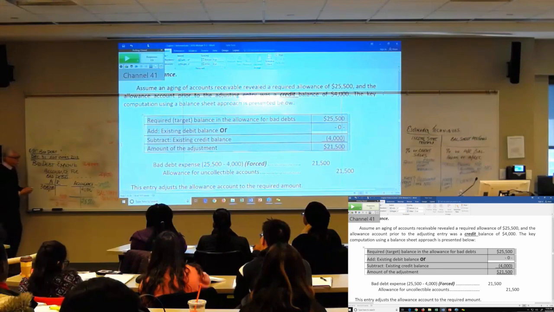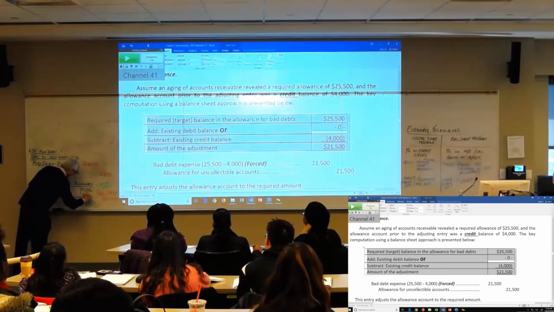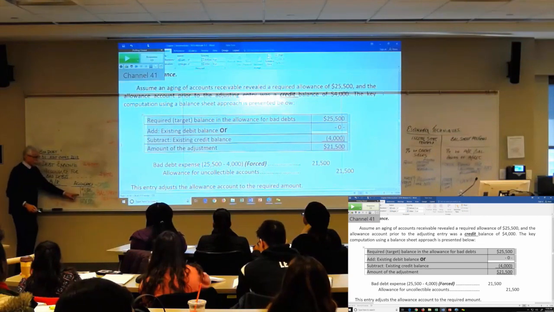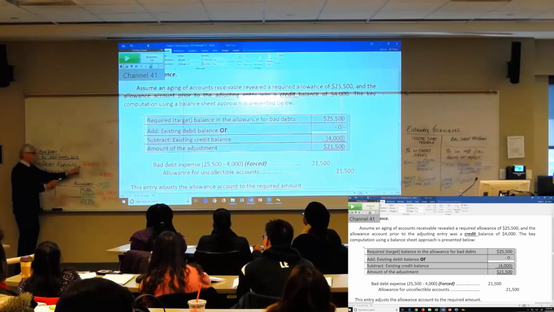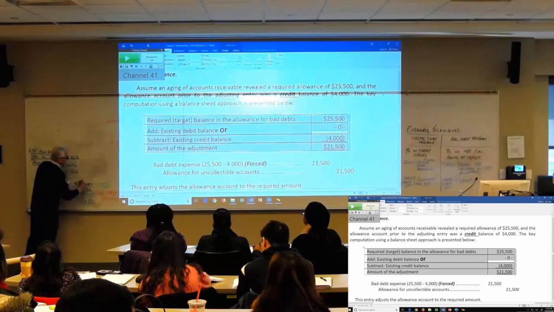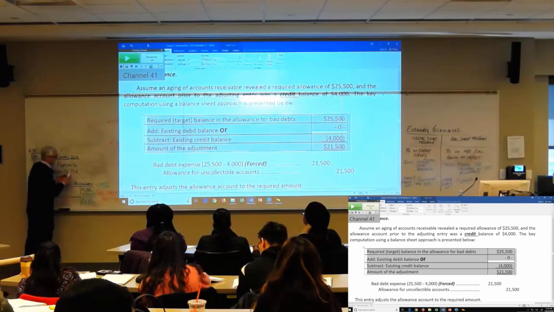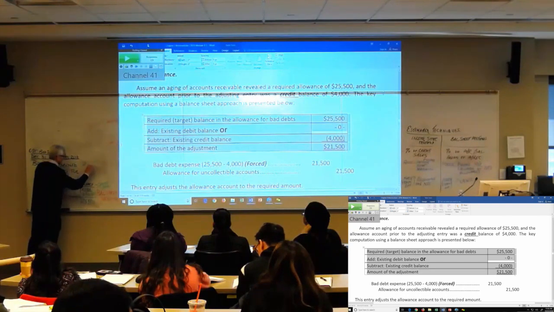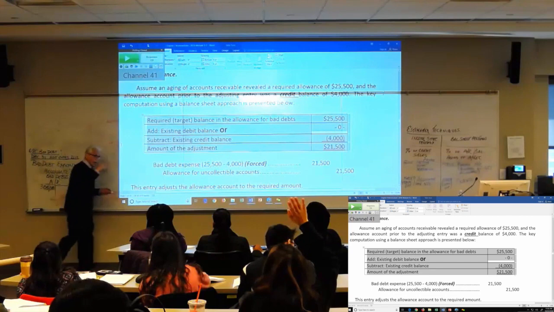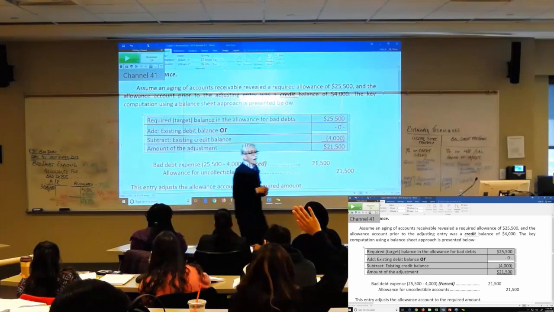What's the missing number, right? It's going to be 21.5. Now, the problem is, that's the number you need to get the allowance you want. You really wanted an expense of 24 if you were going to focus solely on matching, but you don't. You get 21.5. So the bad debt expense is debited for 21.5, the allowance is correct.